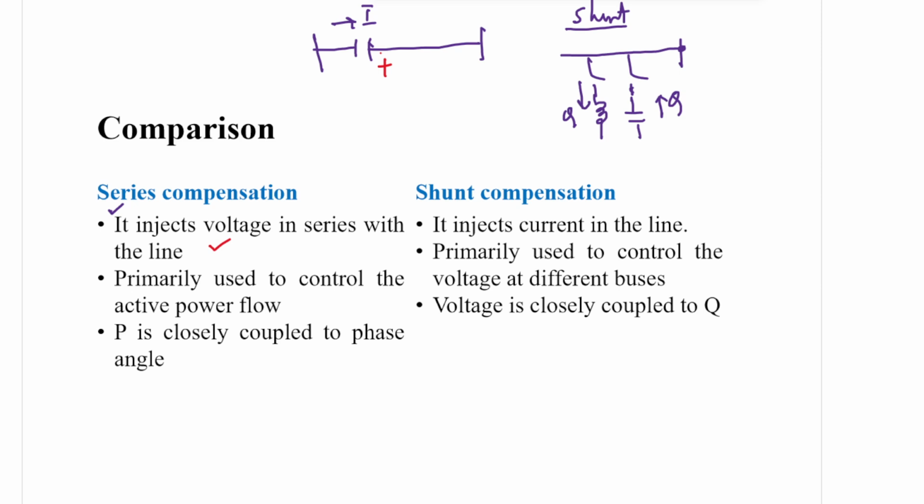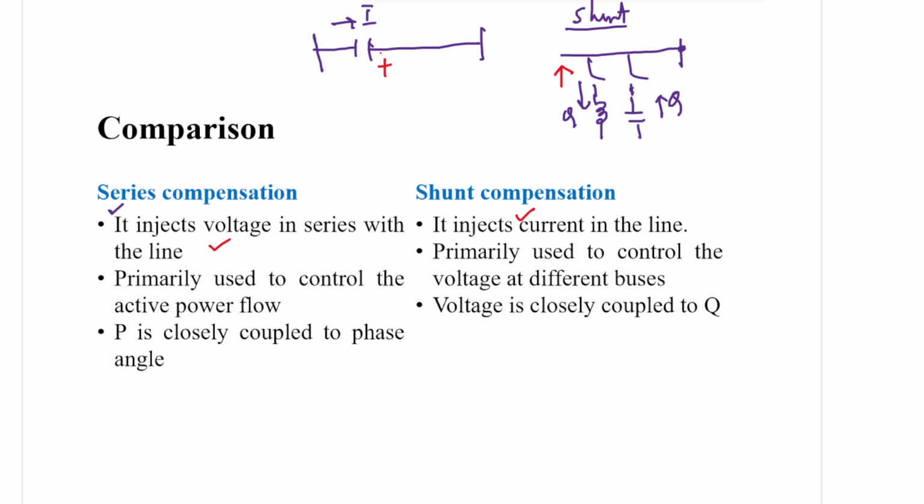This is number one. On the other hand, the shunt controller or shunt compensation injects or draws current from the line. So it's not about voltage, it is current. It injects current into the line or draws it. In case of an inductor, it is drawing current. In case of a capacitor, it injects current.